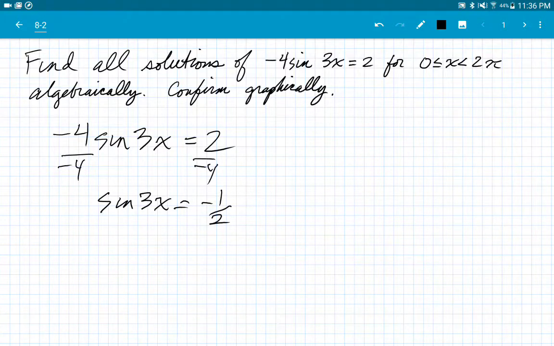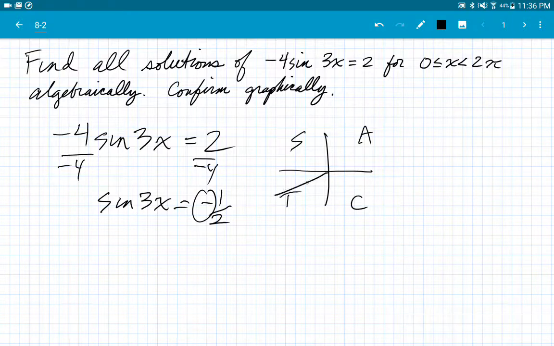Remember that before, when we had a problem like this, we'd say, okay, well, there's sine, it's equal to a negative ratio. We think of our unit circle, ASTC. And since our sine is negative, we will be in quadrants 3 and 4. So at this step, we should be figuring out what that actual angle is.